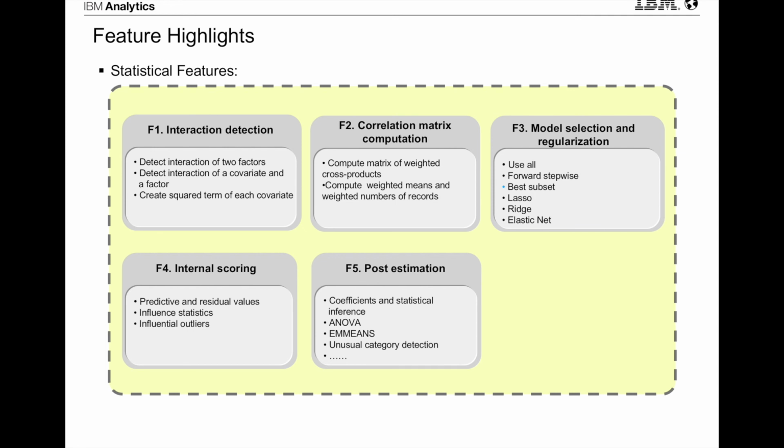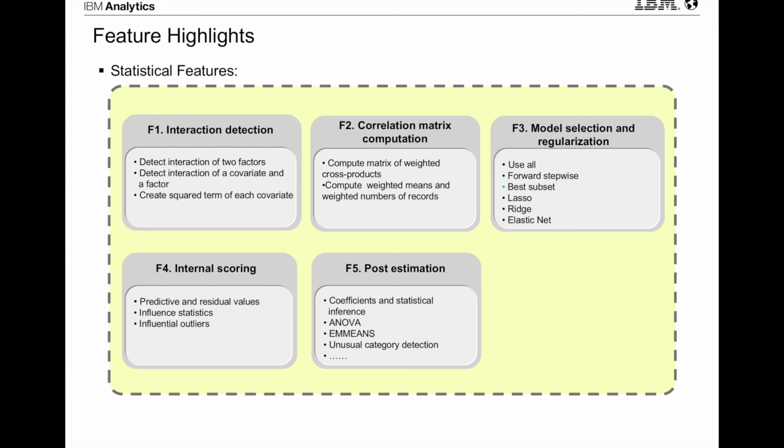For example, compute the matrix of weighted cross products, compute weighted means and weighted number of records. A third one is model selection and regularization. Model selection like best subset and forward stepwise. The regularization: lasso, ridge, and elastic net.